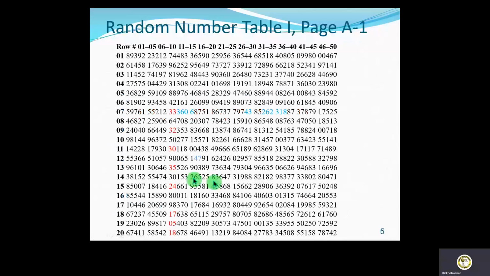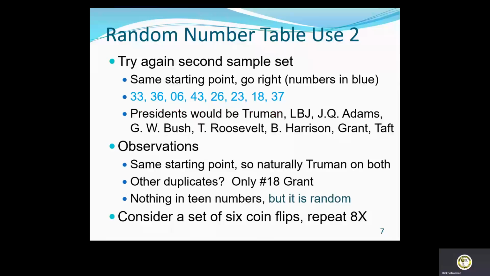Now, interestingly enough, if I had started there and started reading around again, started reading down, for example, there's 47. So the current president, number 47, would have gotten chosen had we decided to go in a different order.